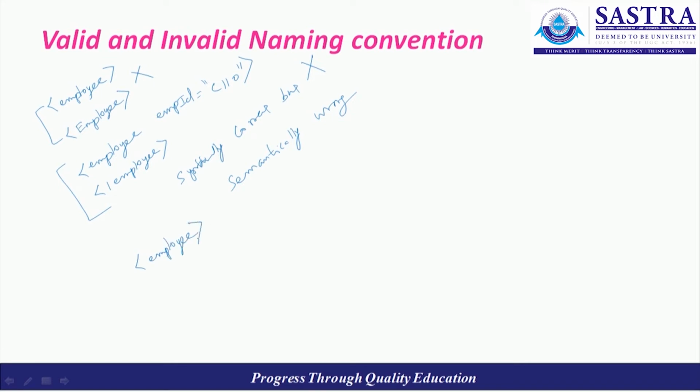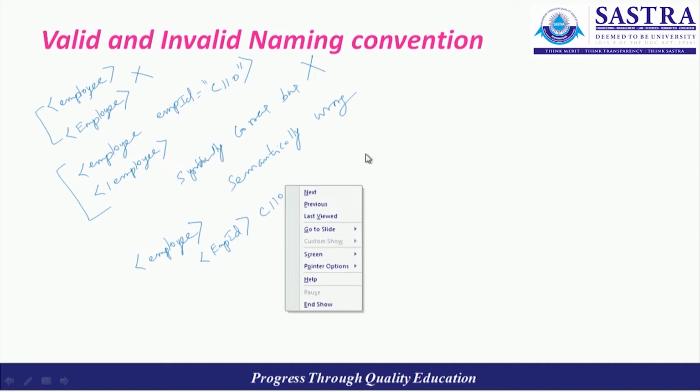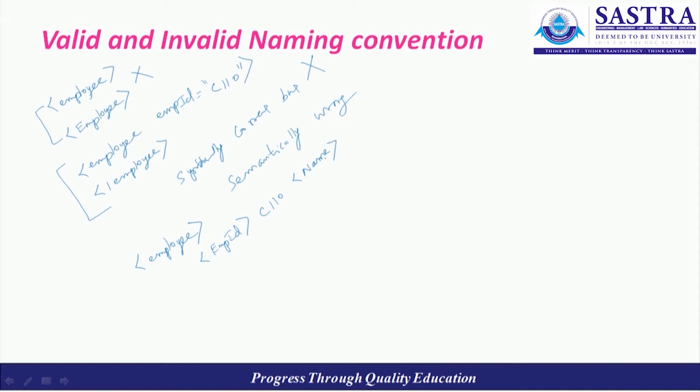Employee, I have EMP ID, employee ID, I have C1100, then here I am creating name also, name Ganesh, and I have closed the name properly.